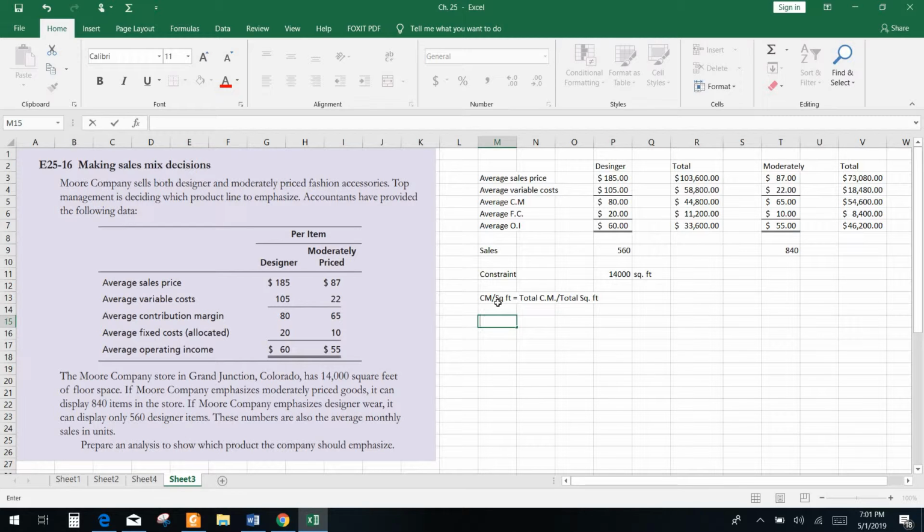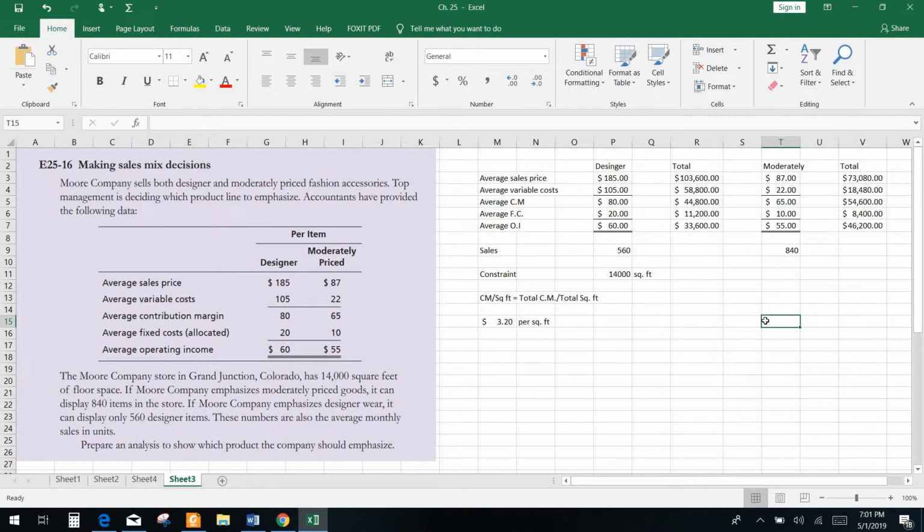Contribution margin per square foot is equal to total contribution margin divided by total square feet. So we'll take the total contribution margin for this one divided by total square feet, and it's $3.20 per square foot for the designer.